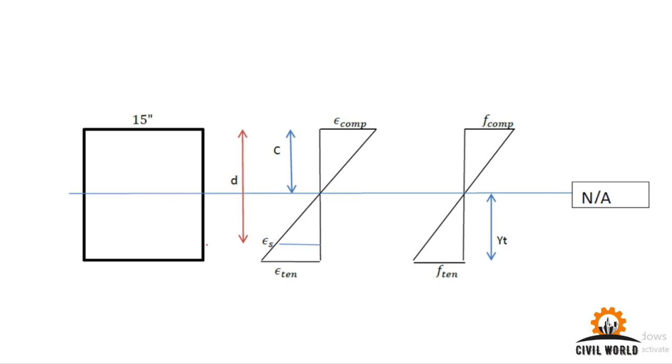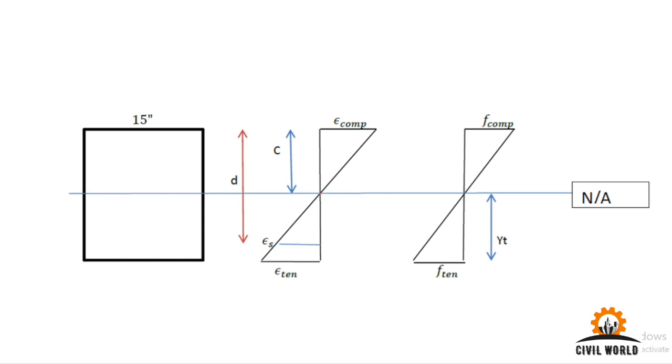But for now you have to just remember that d is 2.5 inches less than the total depth of the beam. We have a strain profile. As you can see, we have compression in the top concrete fiber, tension in the bottom concrete fiber, and then we have tension in steel as well.